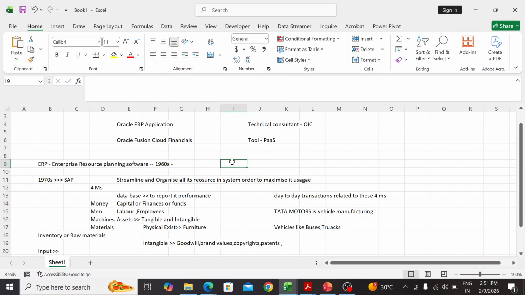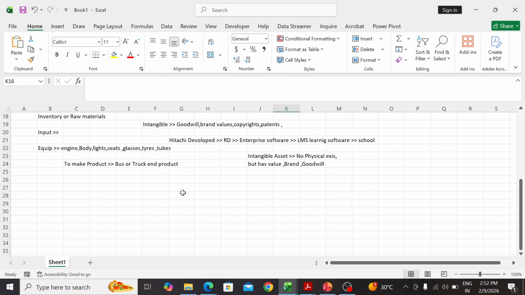At the end of the day they will submit the report and performance of all these things to the board of directors or higher authorities of the enterprise. Based on the performance of these 4Ms and the results of all these resources, they will take up the decisions.